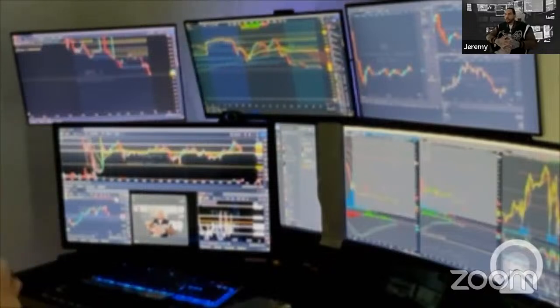But I'm gonna give you guys an idea of what my setup is. And like I said, I'm going to say it again, regardless if I'm trading ES or if I'm trading SPY or SPX, my chart setup doesn't change. My type of trading, my strategy, my fundamentals don't change.